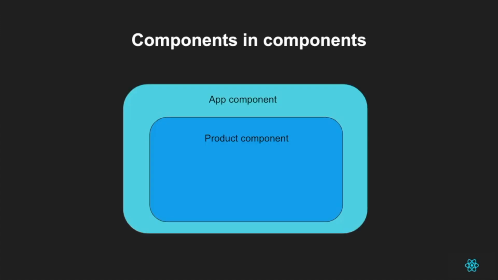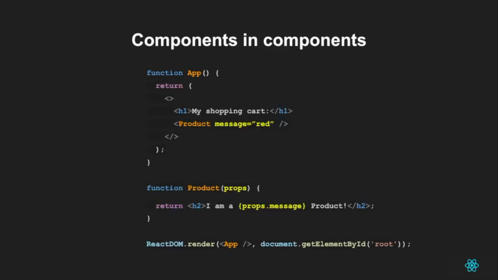You also have the possibility of components in components. You can place a nested structure. Here you see how you do it in code. Here you have the app component, and underneath you see that I call ReactDOM render, and it starts up the app component.